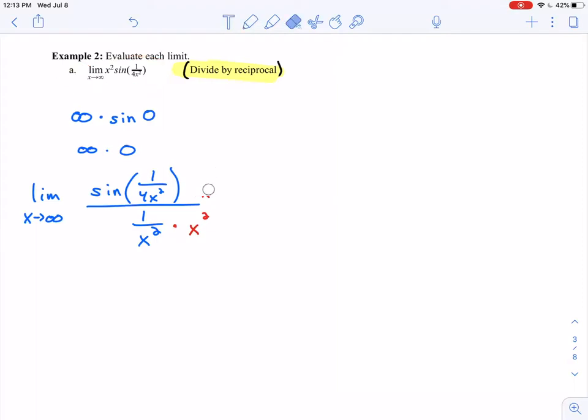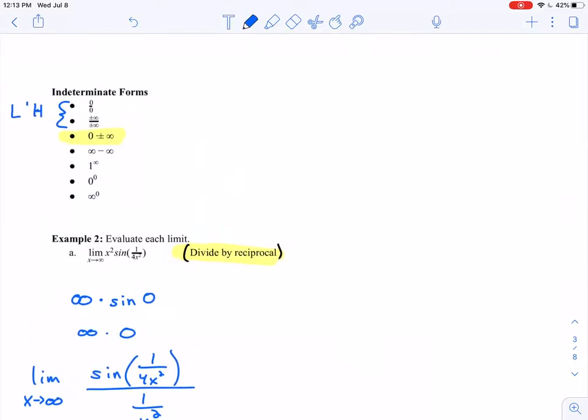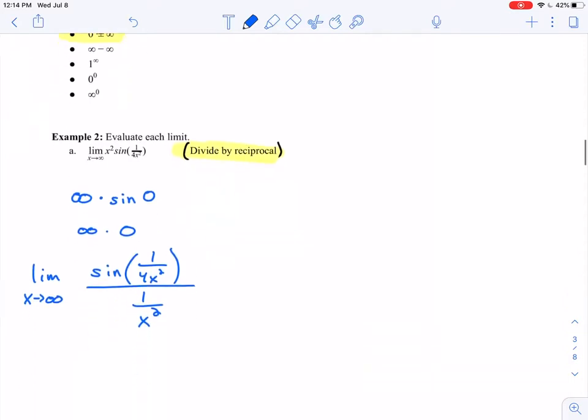My goal here is to rewrite this limit in a way that gives me an indeterminate form to which L'Hopital's rule applies, either 0 over 0 or infinity over infinity. So I'm just trying to see if we can rewrite this in order to force L'Hopital's rule to work. I've rewritten this expression now, so let's look at the limit.